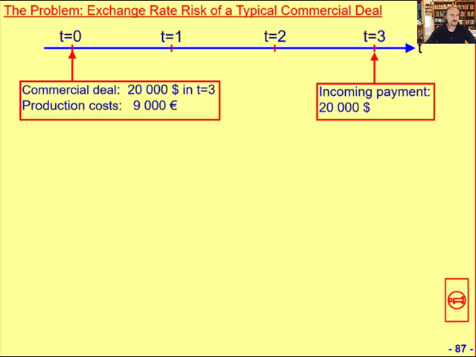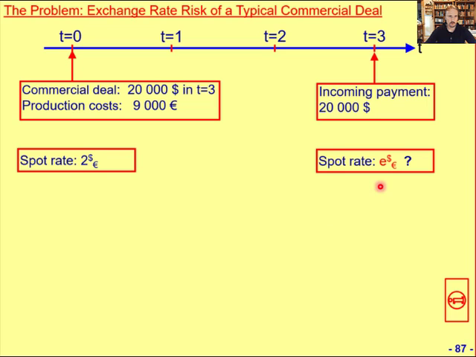A 3 months period for payment is in fact a quite typical term for payment in international trade deals. Now let's assume that the current spot exchange rate equals $2 per euro, while the future spot rate is of course unknown at date 0.